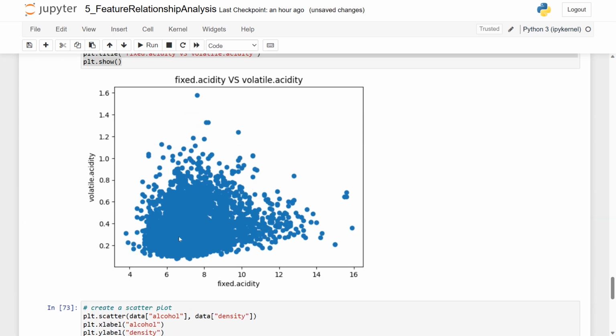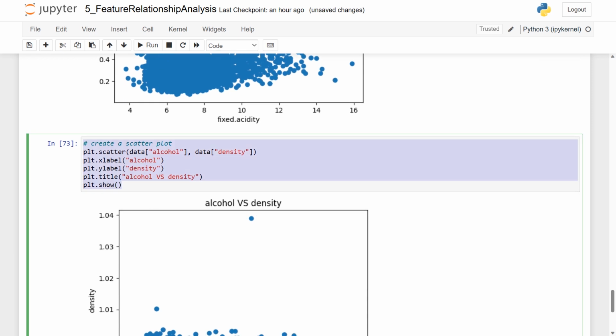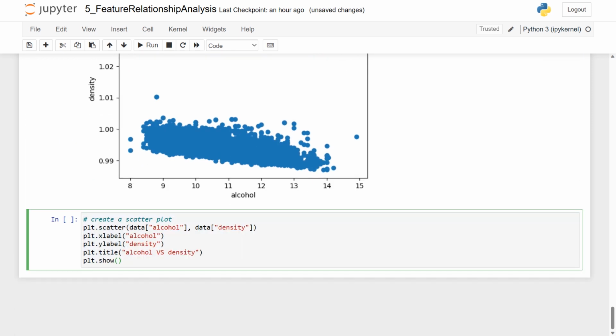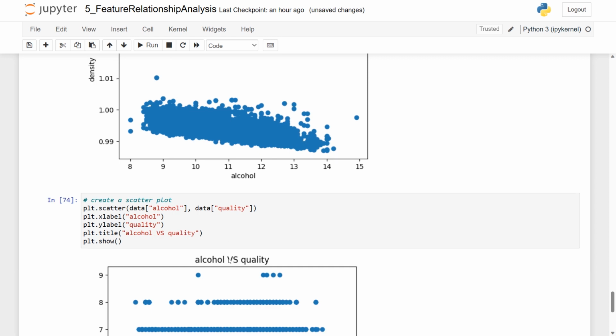Let me copy this one, it would be much easier to handle. Alcohol and quality, and execute it.